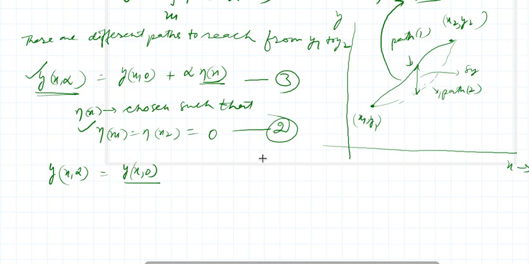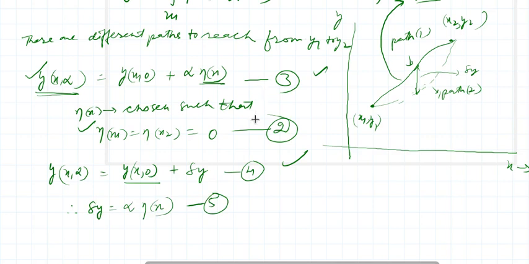There is a slight change in y, and let us represent that change by delta y. Right? So this is another way to look at it. And both the equations represent the same thing. Therefore I can write delta y is equal to alpha eta(x). And if I compare equation number 3 and 4, then I am writing delta y is equal to alpha eta(x).